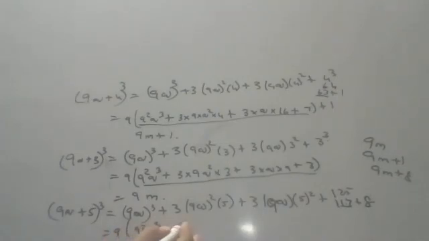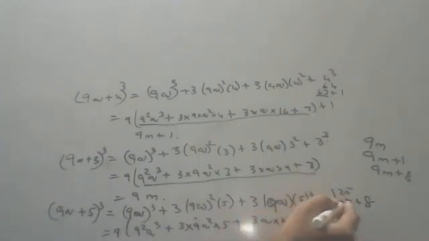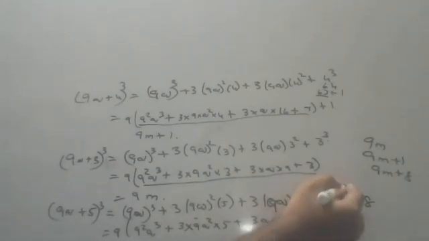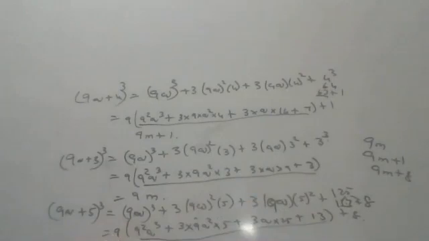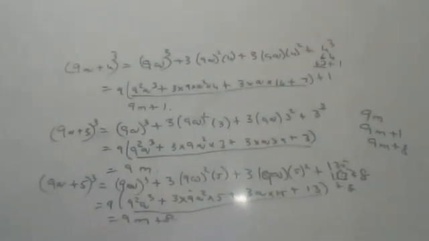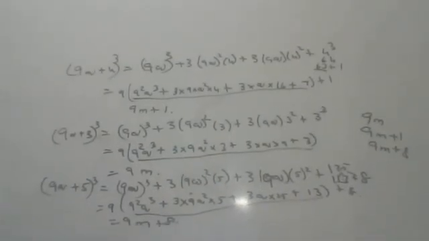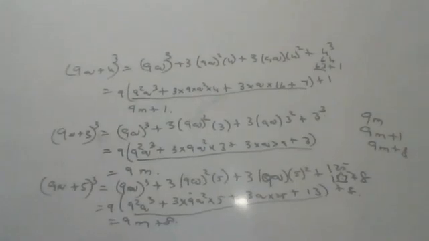Please, Nana, mute your audios. 9 q square, 1 9 went outside, 9 q square into 5, 1 9 went outside, 3 q 25 plus 117 will go, 9 1s are 9, 3s are, plus 8. 125 I wrote as 117 plus 8, children. This whole thing I will write as m, 9m plus 8.